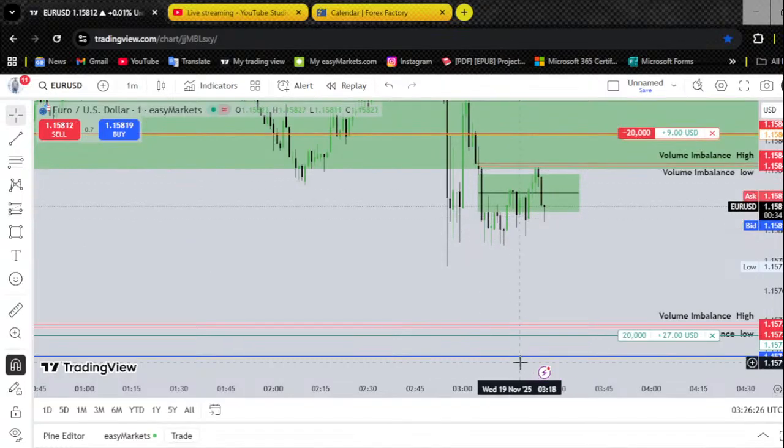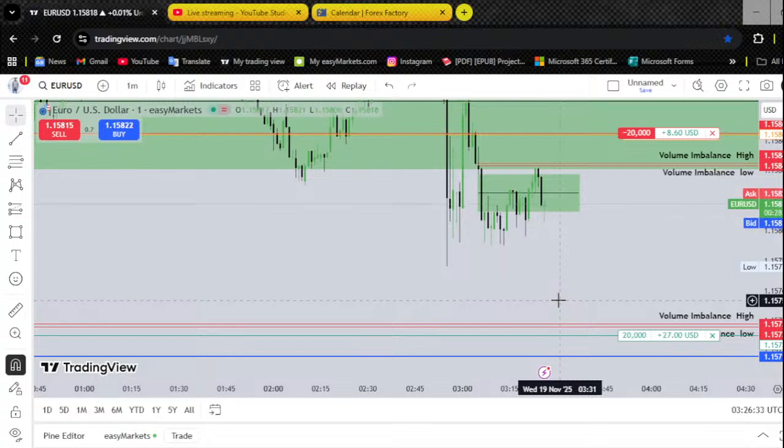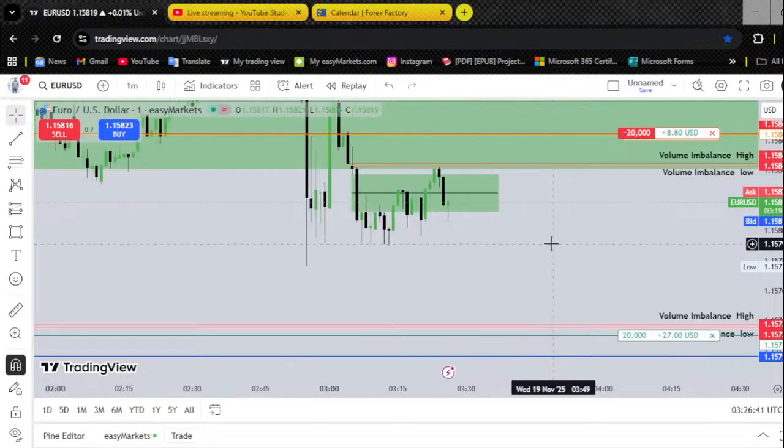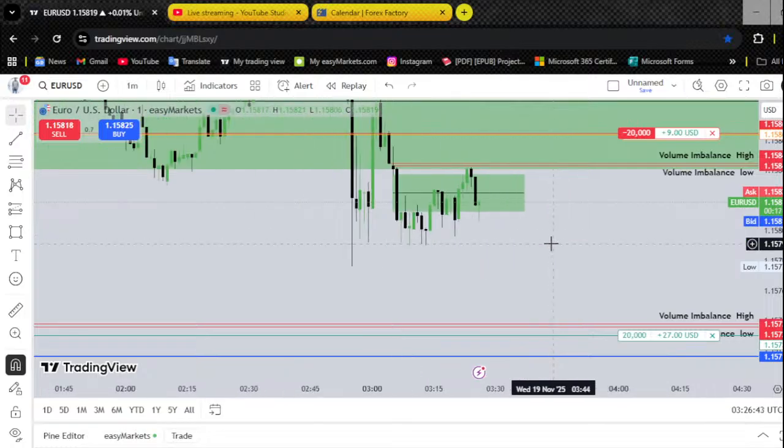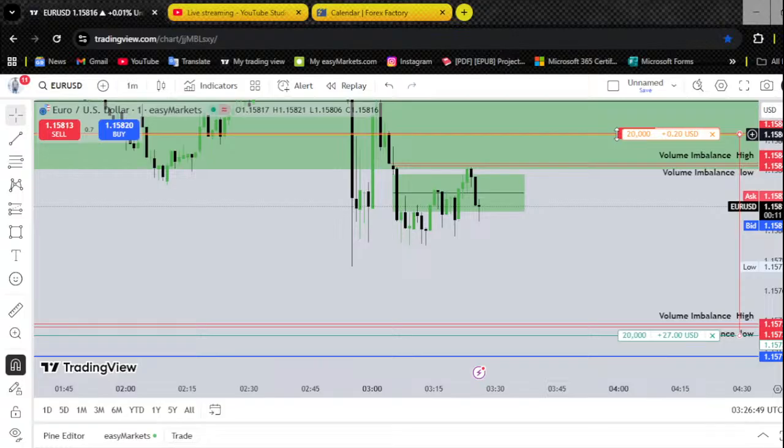So I like a quick displacement to this extra liquidity. It played with the discount, went to the premium, back to the discount. So at the moment I want this market to go down, though I've already secured myself.